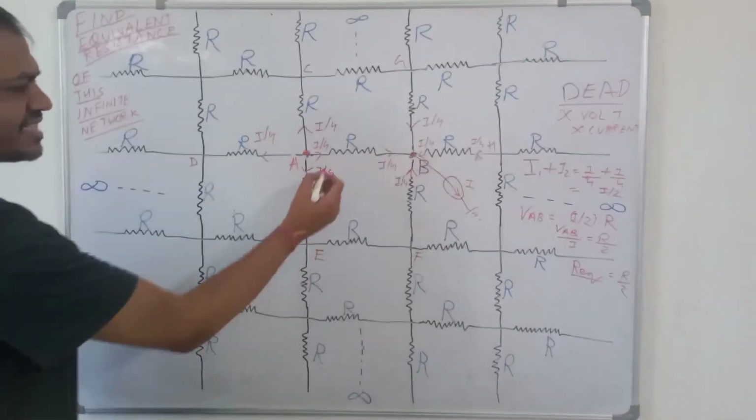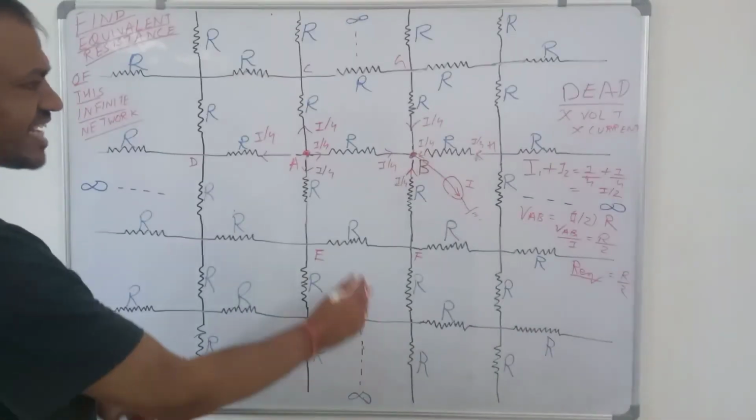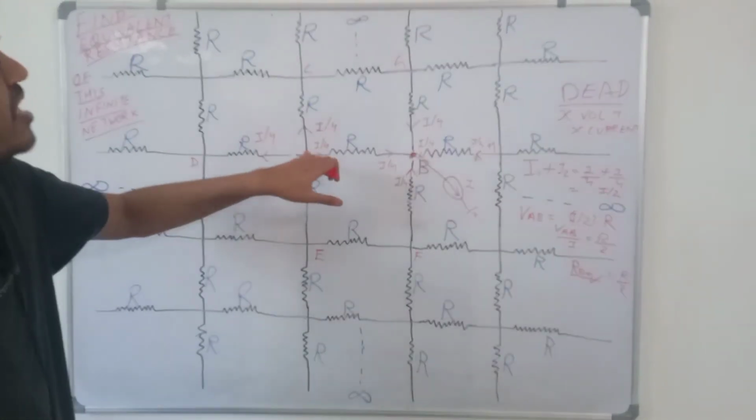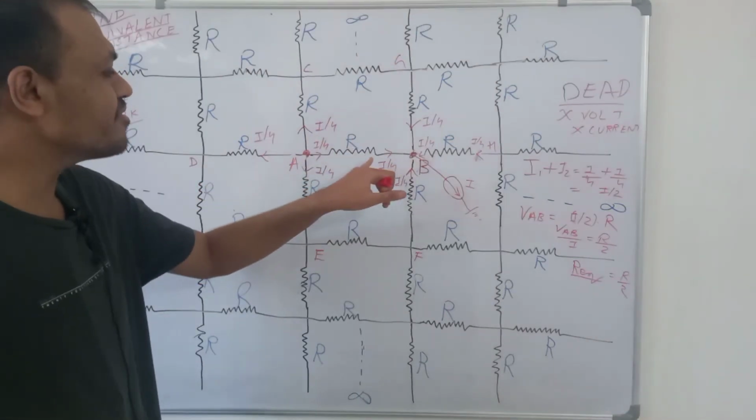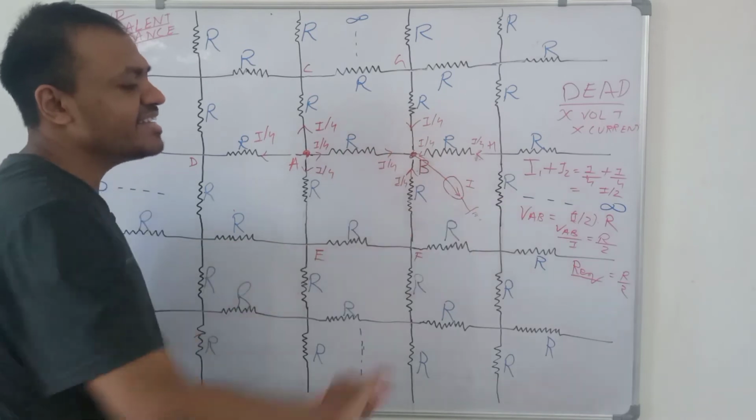So it means that this resistance R and all the rest of the resistance are acting as a parallel resistance of R with AB. So the parallel combination of R and R is R by 2.